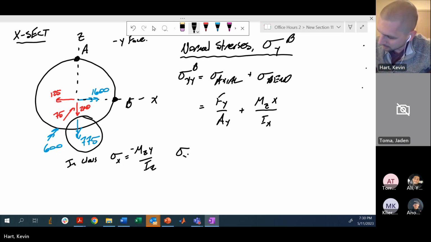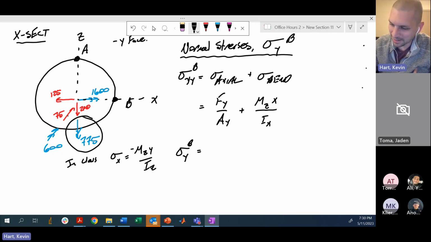So at point B, got to be careful with this first term. The force here is in the positive y direction. Remember, y is positive backwards, but we're looking on the negative y face, okay? So in this case, we do have a compression. It makes sense if you look at the picture.